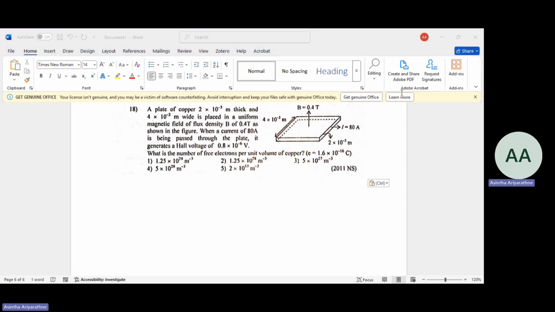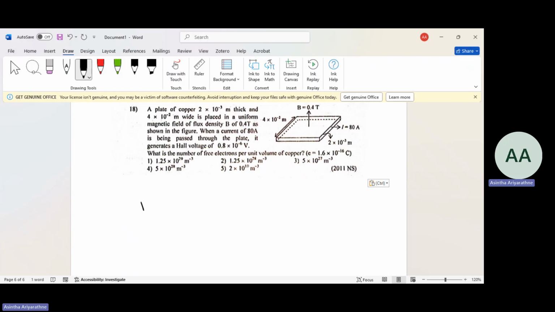So we have an expression, V_H equals BI over tne.